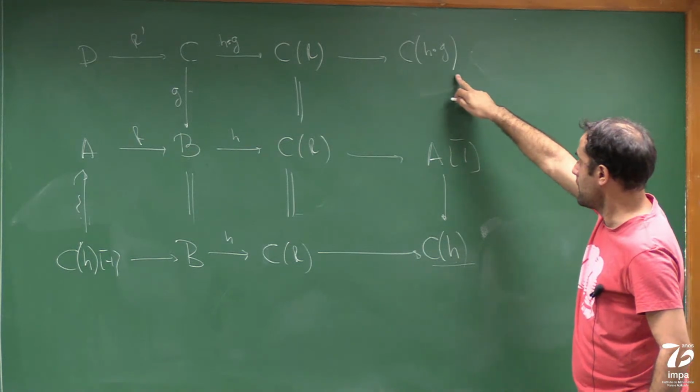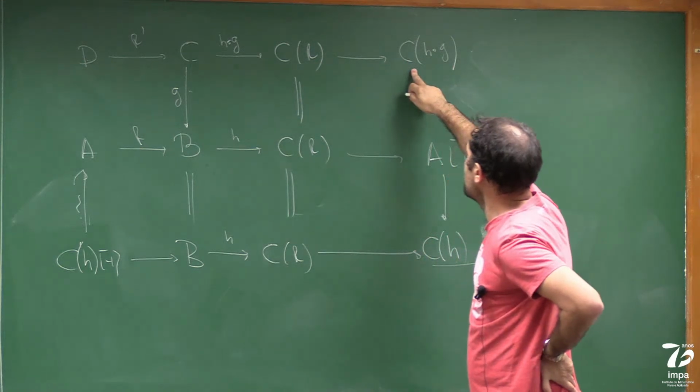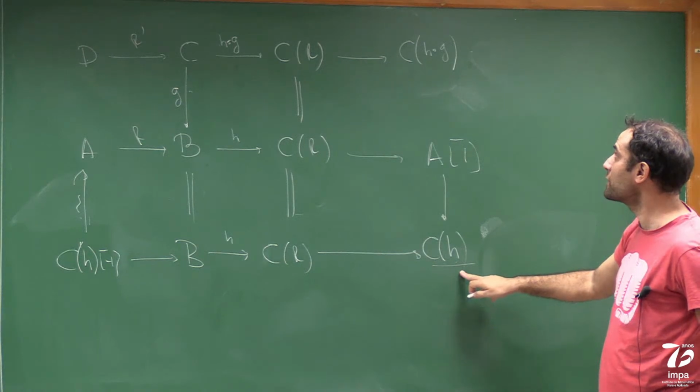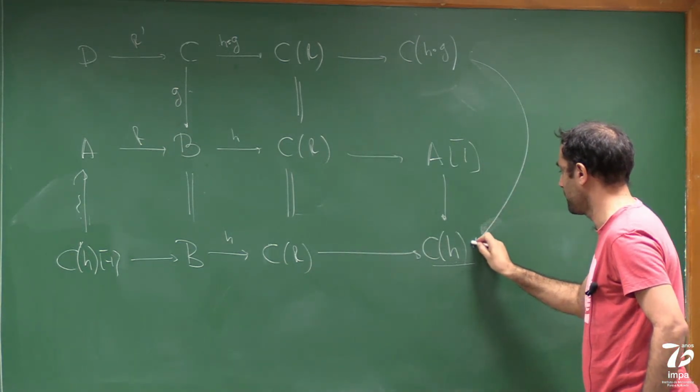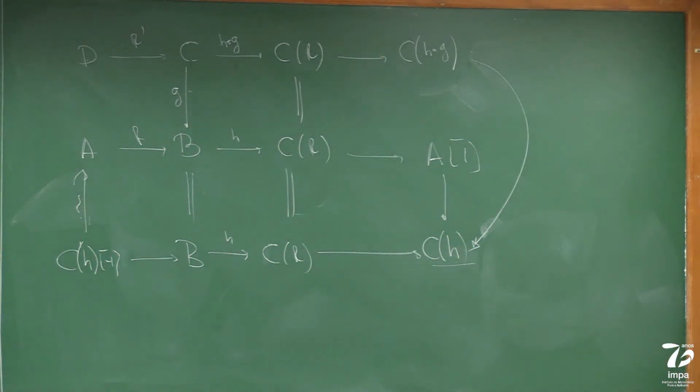Now, here's the point. Here I have the cone of H composed with G, and here I have the cone of H. I claim that there's a natural map from here to here. So let's write this as a lemma. So as not to overload too much, H and G are complexes.